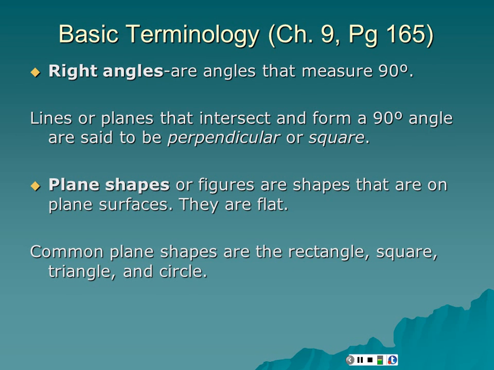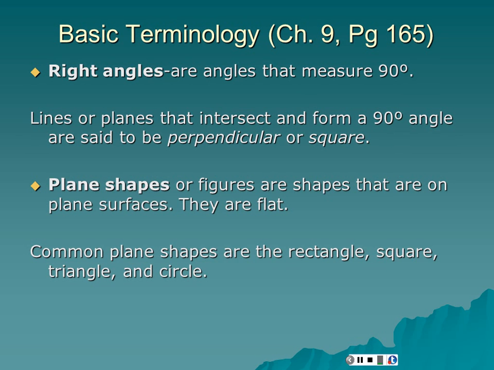Common plane shapes are rectangles, squares, triangles, circles. We'll show you how they look. You can see the circle here, right? And also this is a triangle, right? There are three angles and three sides. Then there are four sides and four angles, a rectangle, and each angle is 90 degrees here.